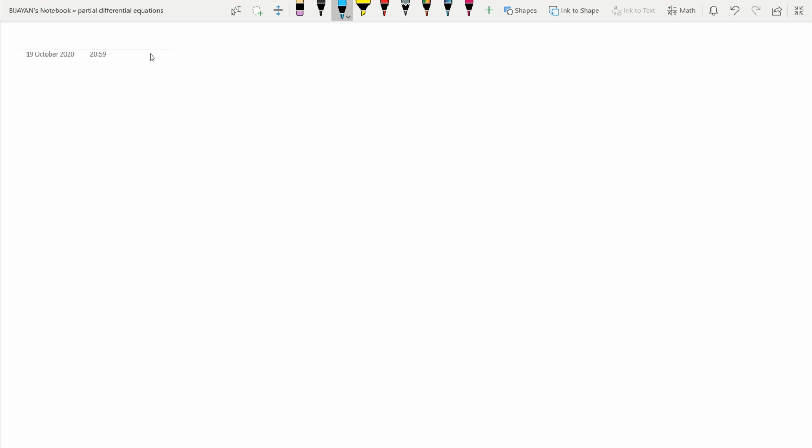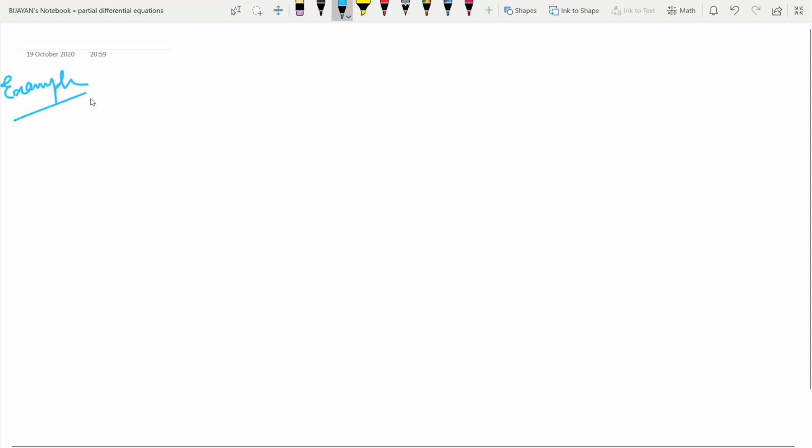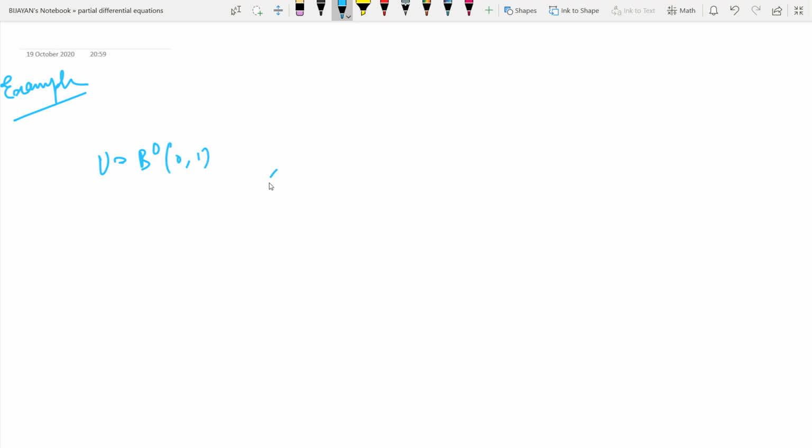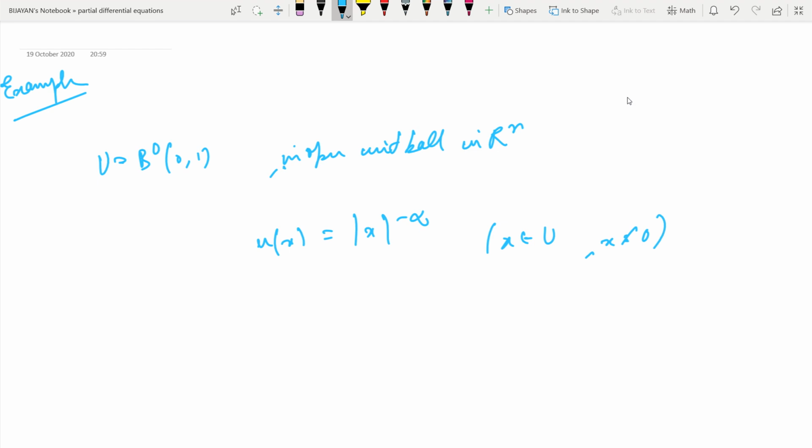Now take an example. Let U equal B(0,1), the open unit ball, and u(x) is this function defined on it, for n equal to 2.